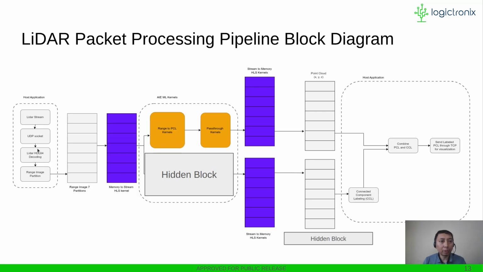So here is the more graphical representation of the software architecture. First of all, our host application will receive the LiDAR data and convert that into the range image, and this range image is passed to the memory to stream HLS PL kernels, which converts this one single frame into 7 partition inputs, so that these 7 streams are passed to the 7 range to point cloud kernels.